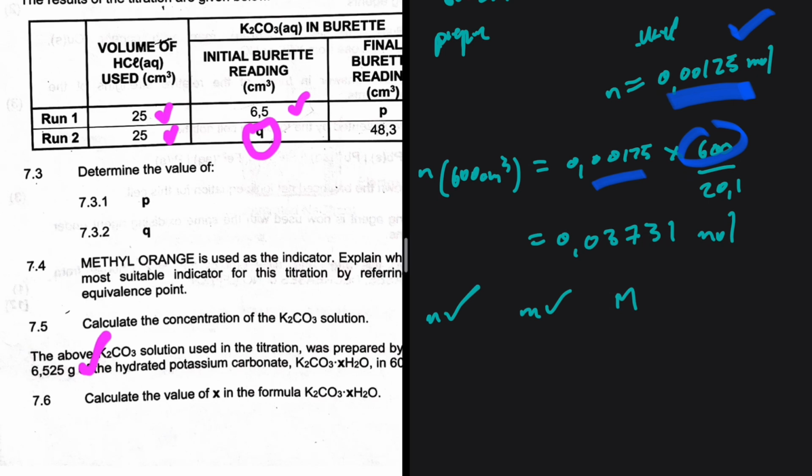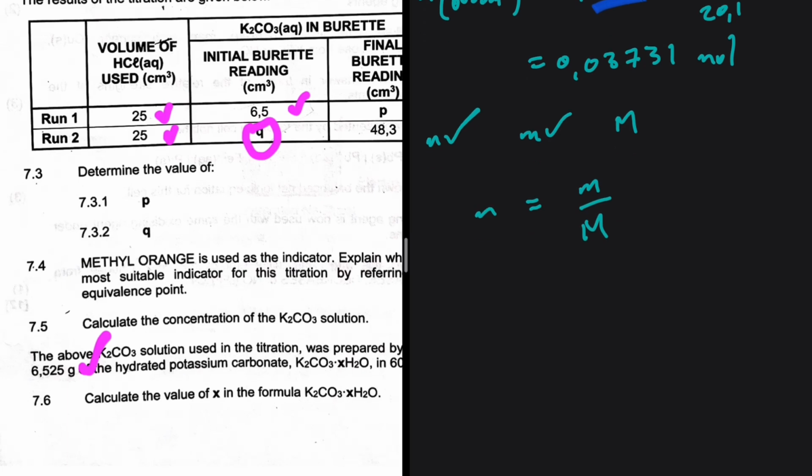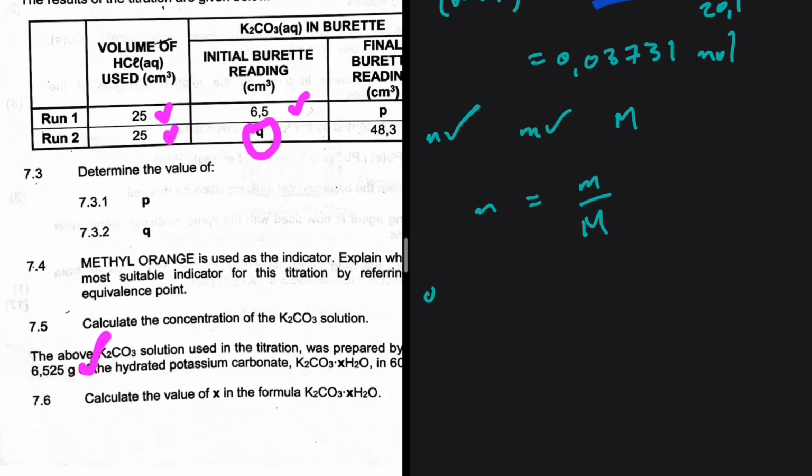This is how I want to find X. So I'm going to say that number of moles is equal to mass divided by molar mass. The number of moles that we find in 600 centimeter cube is 0.03731. The mass used is 6.525.